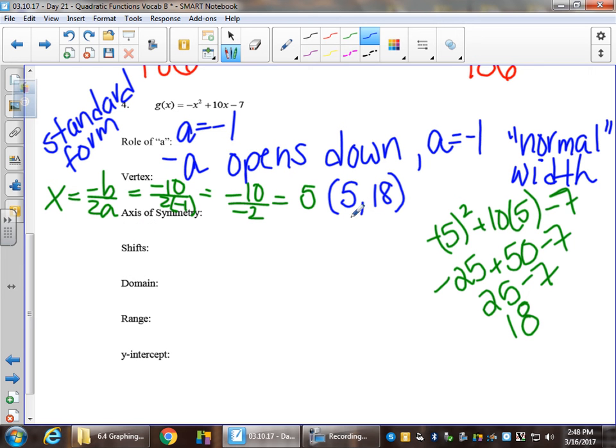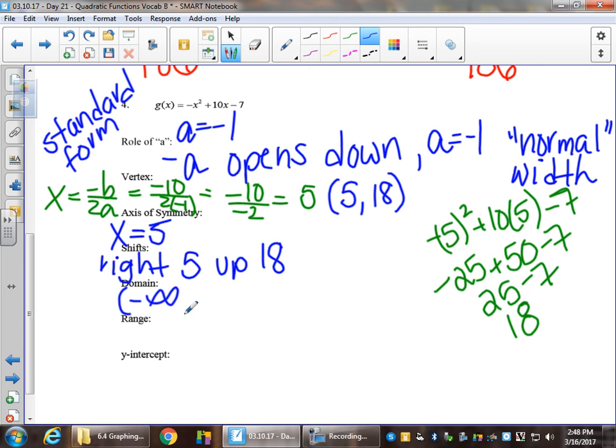Axis of symmetry, x value of the vertex, x equals 5. My shift, I'm going right 5, up 18. Domain, always, negative infinity, positive infinity. Range, we look at our A value.